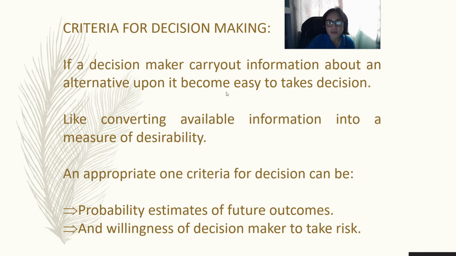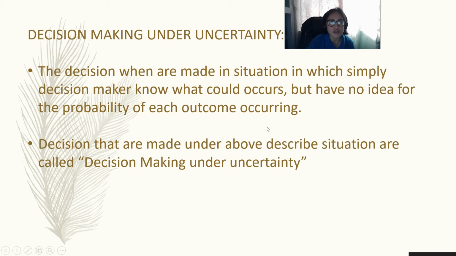Okay, so we also have decision making under uncertainty. These are decisions made in situations in which the decision maker knows what could occur, but has no idea of the probability of each outcome occurring. Decisions made under the above described situations are called decision making under uncertainty.